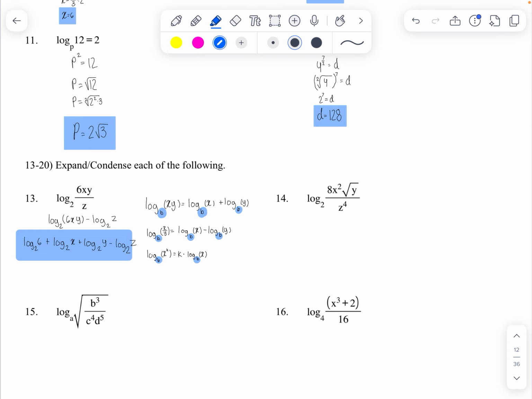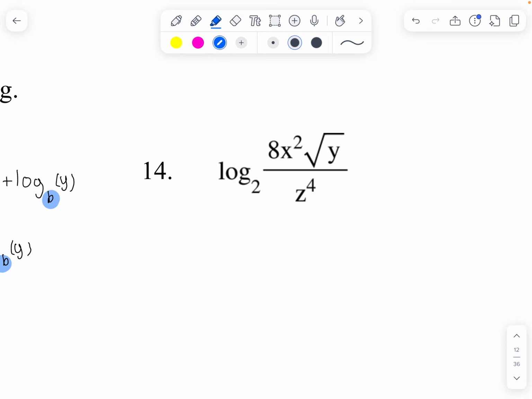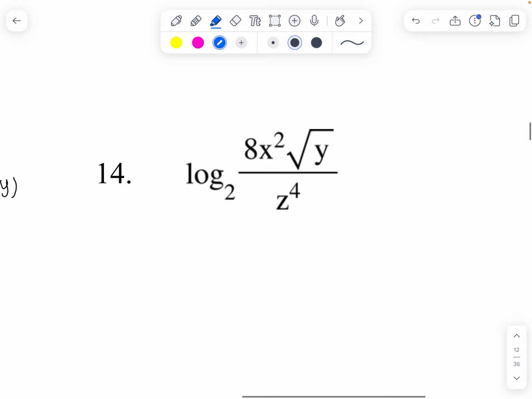On to the next question. Okay, so for this question, I can already see things that can be simplified.